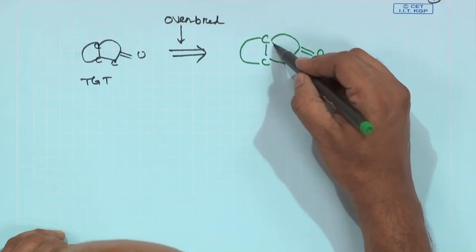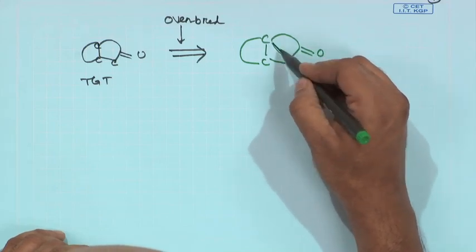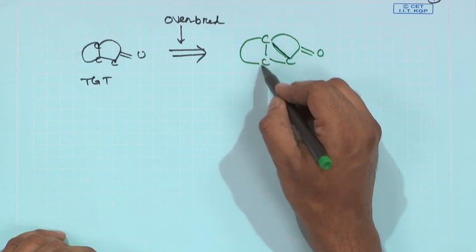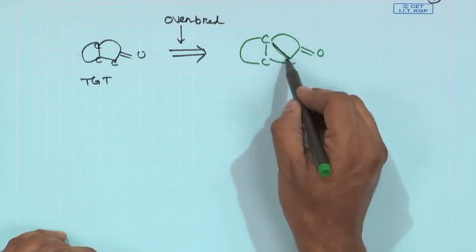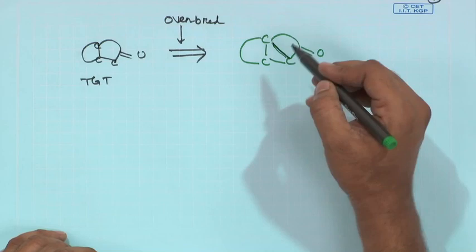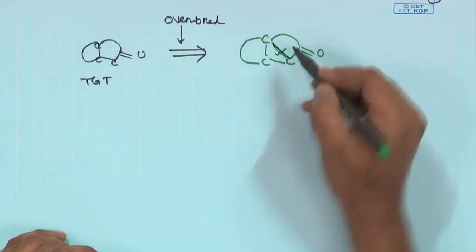So, this is your initial bond or initial strained intermediate. Now, this intermediate is a 3-member intermediate.